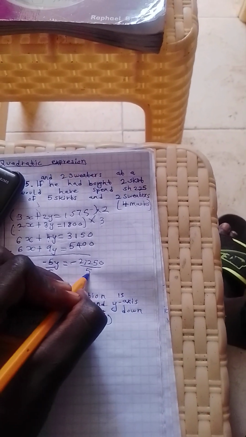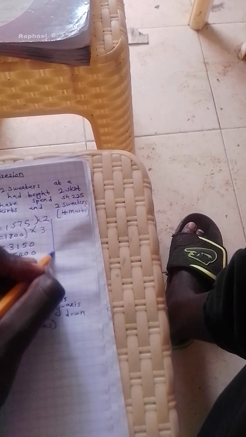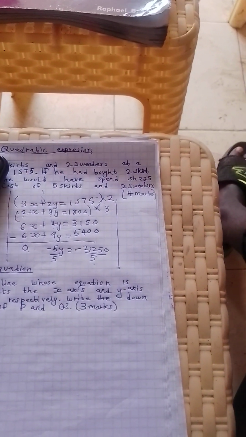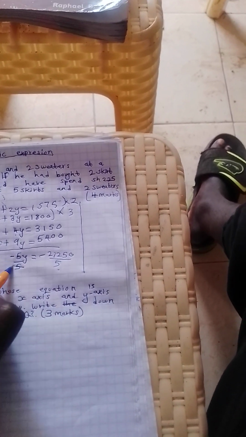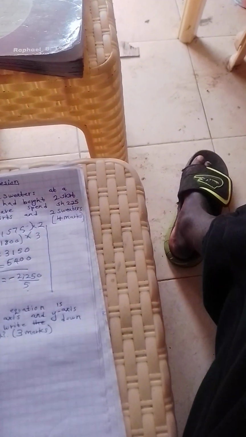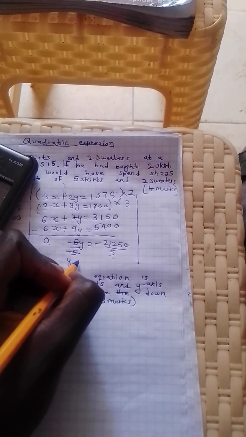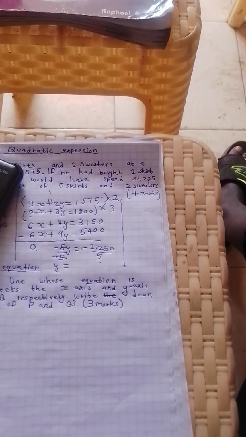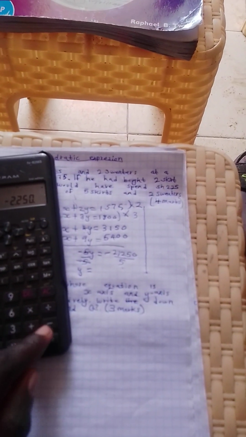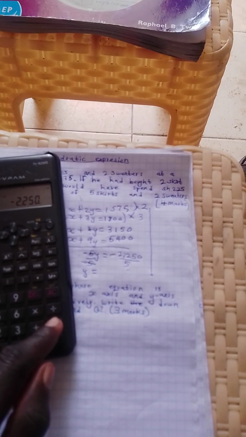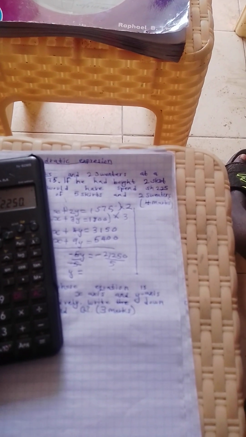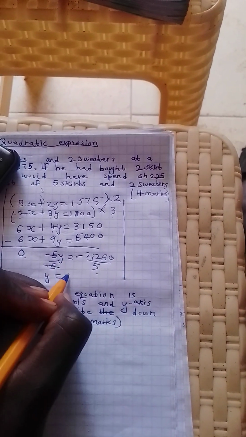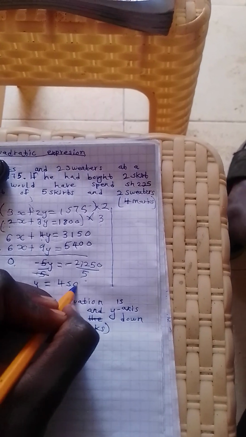The negatives cancel, so we have y is equal to 2,250 divided by 5, which will give us 450.